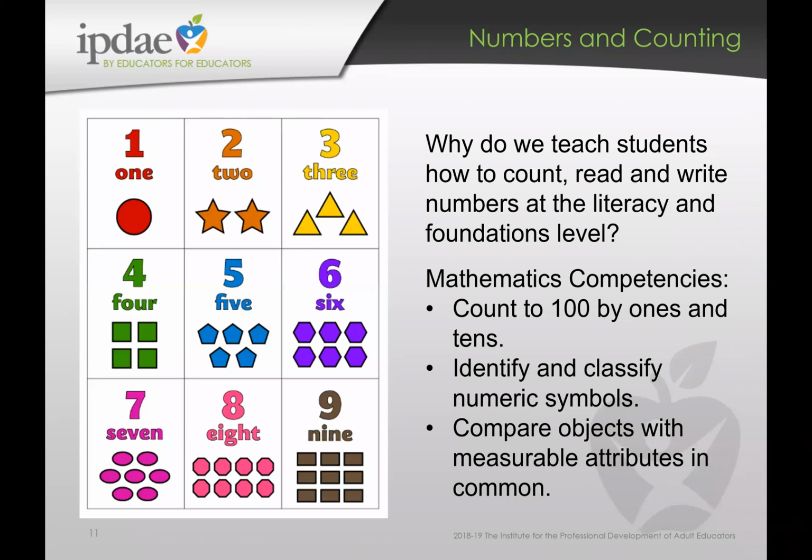So again, a lot of your students, especially if they are from Latin countries or Spanish-speaking countries, they're already familiar with the numeric symbols. So they just need to match the numeric symbols to the English words. So maybe 1 is uno or 2 is dos. Those are the things that make it easier, but the number itself is the same.